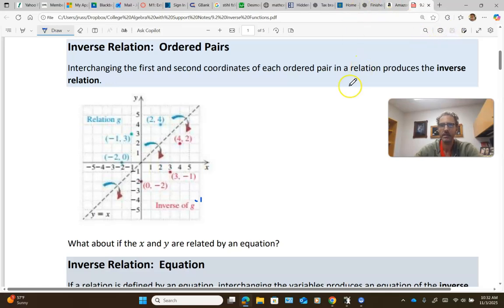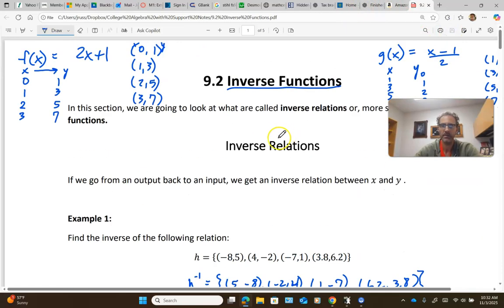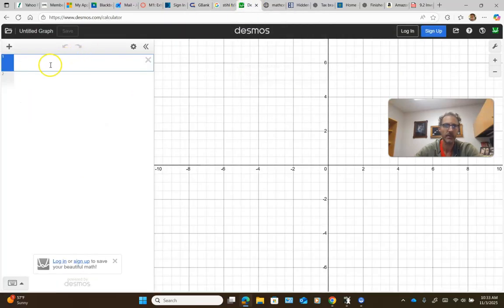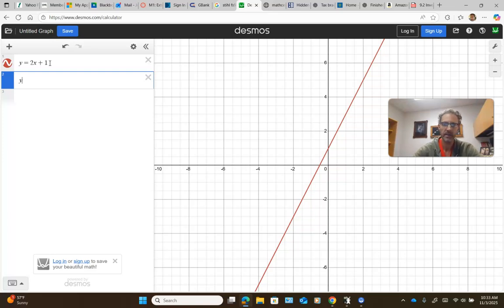We can actually see that, I'll show you this, with these two functions that we started out with. I told you that they were inverses. So let's graph them in Desmos. The first one is 2x plus 1. So that's what it would look like. The second one was x minus 1 divided by 2.